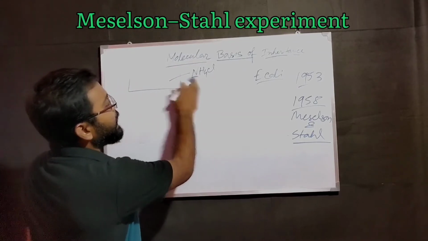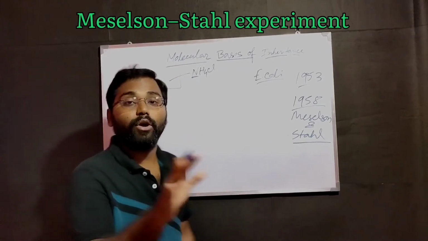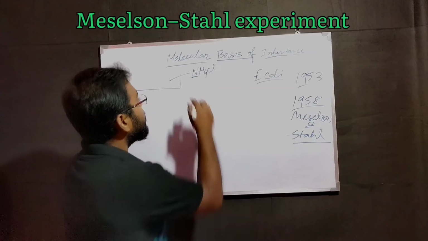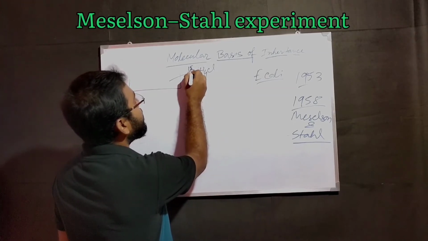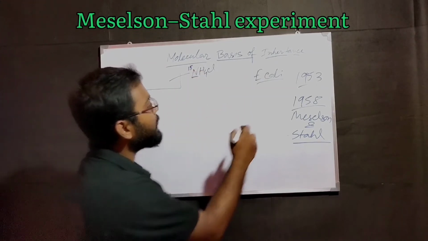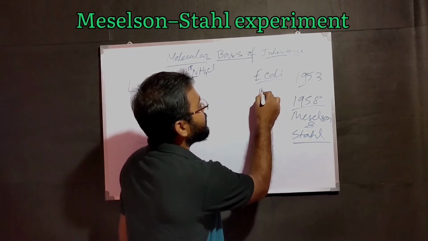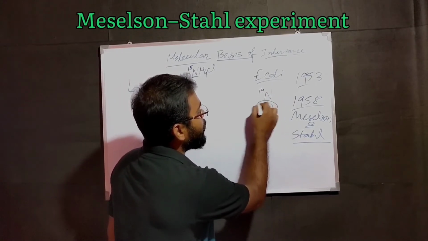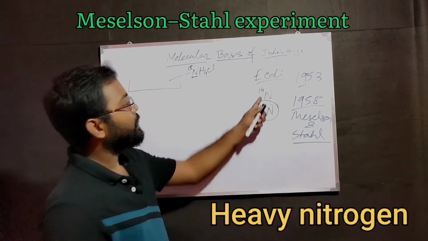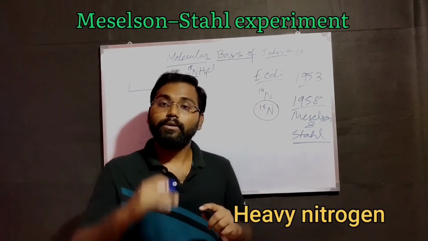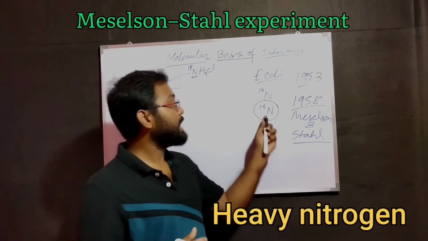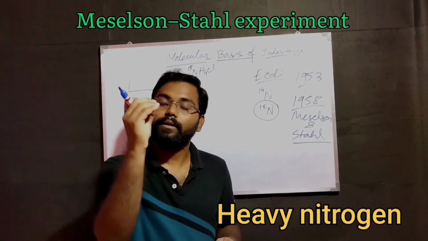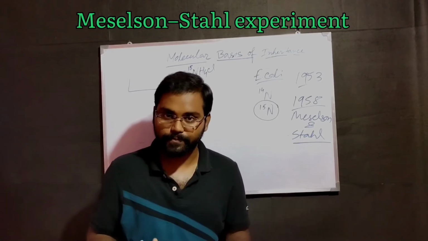But this is not the normal ammonium chloride because it has the 15 isotope. The normal nitrogen is N14, but N15 is the heavy isotope of nitrogen. It is not the radioactive isotope, it is the heavy isotope, as it has an extra neutron in its nucleus.